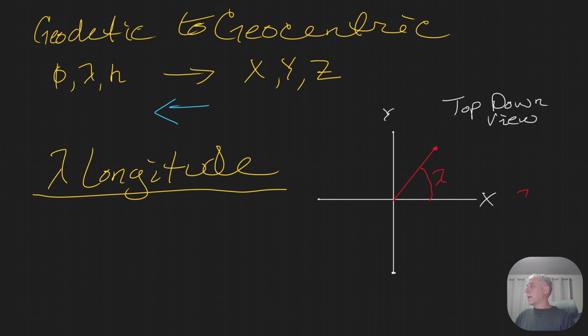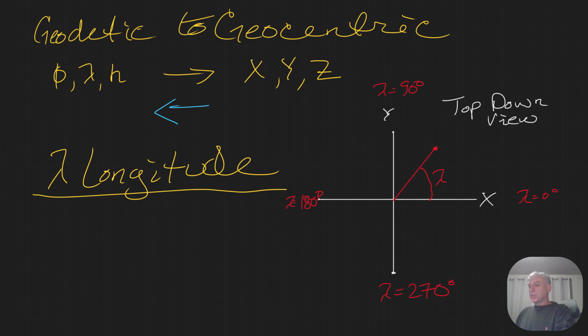So at x, lambda equals 0 degrees. Up here, lambda equals 90 degrees, and lambda equals 180. And down here, lambda equals 270. And these would all be east longitudes, right?